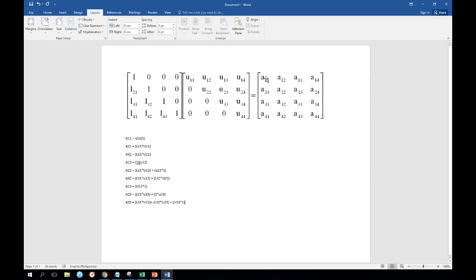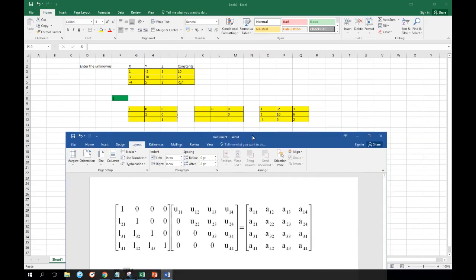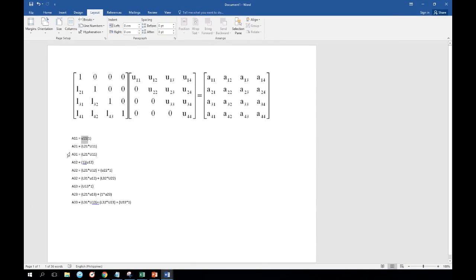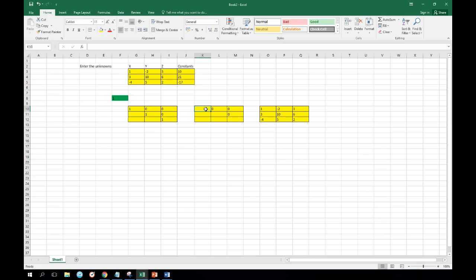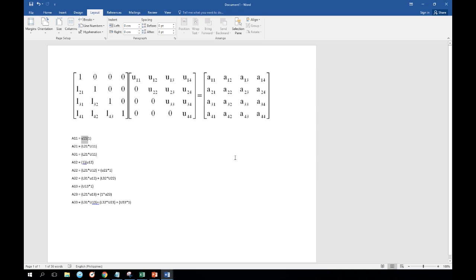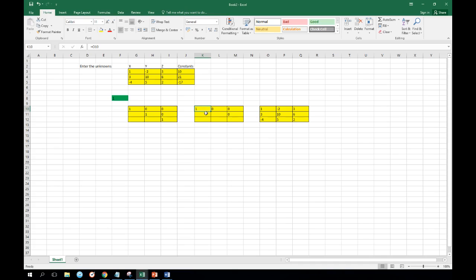The first one, U11, is just equal to A11, so we can just put that as a formula.